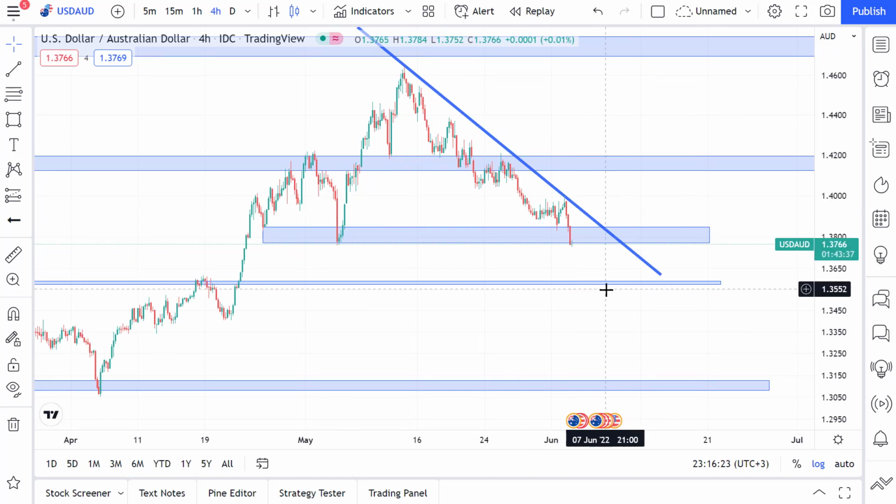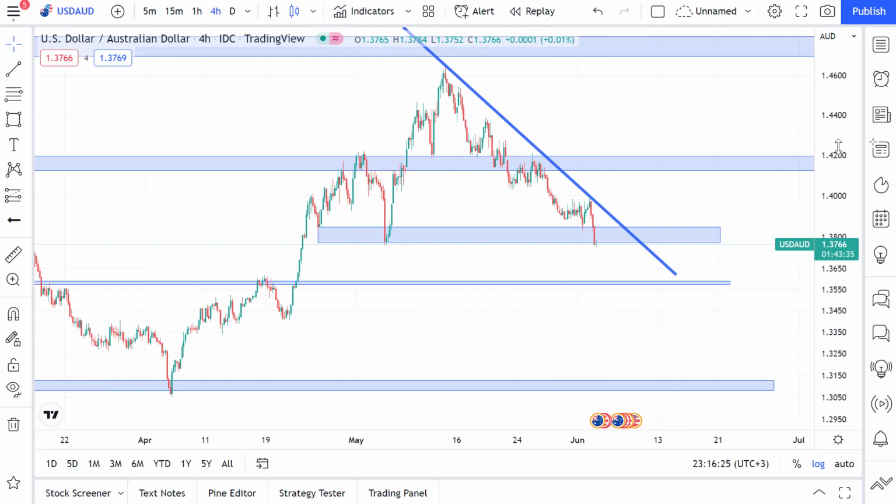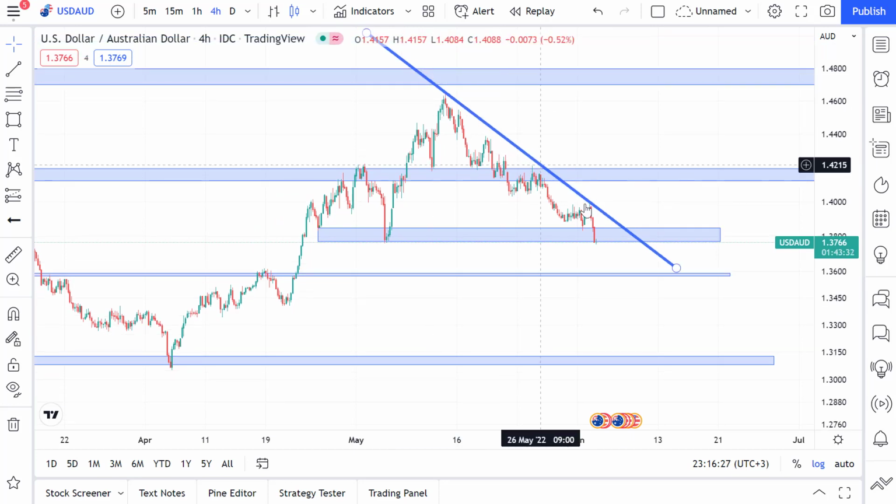And you can see this line I have drawn for you acted as a great resistance. And at the moment of speaking, I guess the next target for USD AUD would be 1.35. And we should wait to see what will happen.